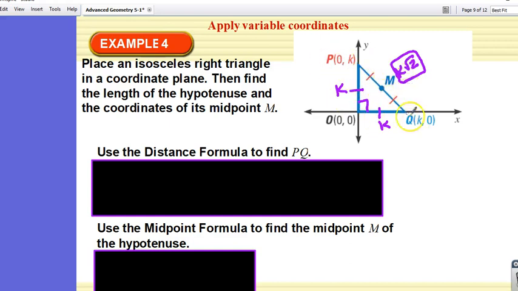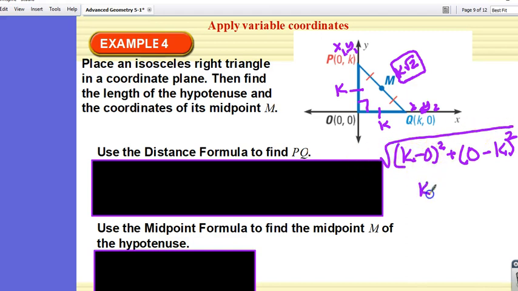If I was going to use the distance formula, I just plug this into the distance formula. This is your x, y, we'll call this point 1, we'll call this point 2. x2 minus x1 squared plus y2 minus y1 squared, square root, distance formula, right? K squared is K squared. Negative K squared is K squared.